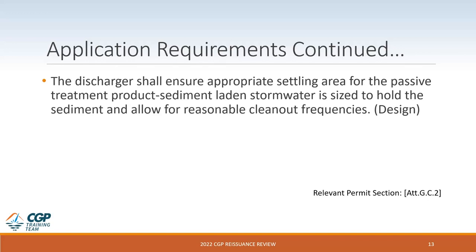And if any assumptions made during the design phase prove to be inaccurate after the first storm event or any later storm events, then changes may need to occur, such as additional space or settling area, or increased cleanout frequencies, just to make sure that your BMPs are functioning appropriately.